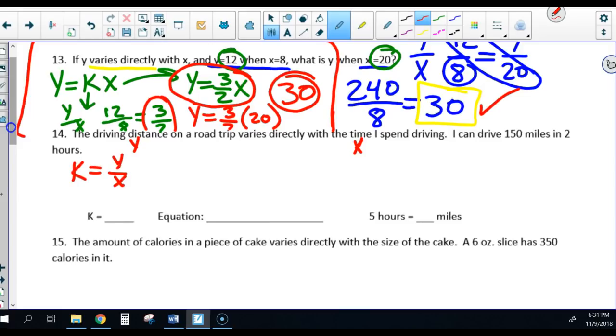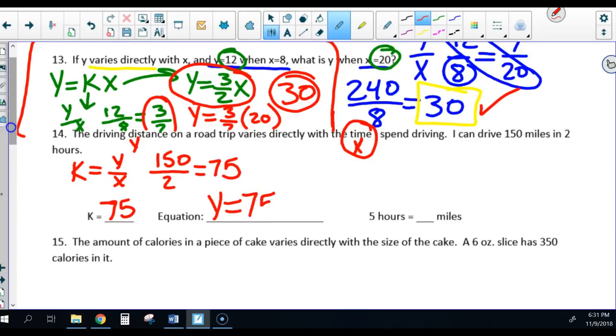So y is distance, distance is miles, 150 over x is time, time is 2 hours, 150 over 2 is 75 miles per hour. So there's my k. My equation, y equals kx, is y equals 75x.